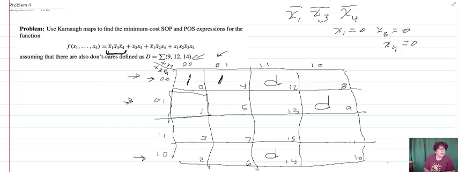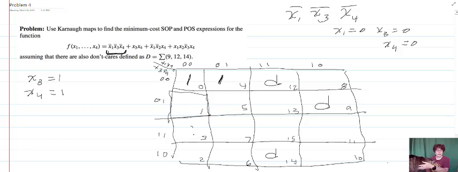So now we're going to look at the next term in our expression. And the next term in our expression is x3, x4. So those are all the squares where x3 equals 1 and x4 equals 1. And that should be a group of 4. And that one's easy to see because that's this row right here where x3 is 1 and x4 is 1. And so that's this one. So we took care of this one.